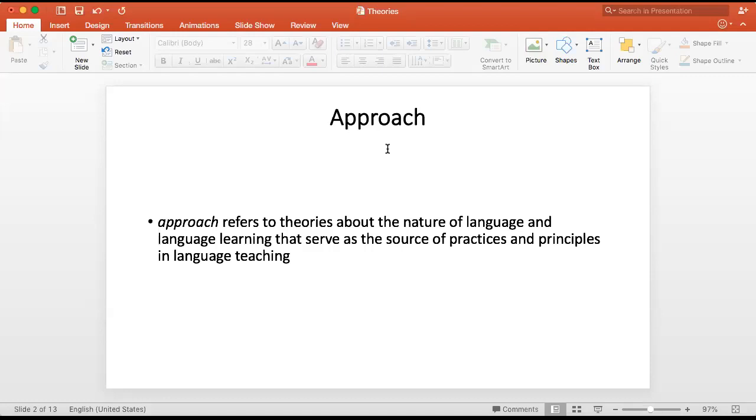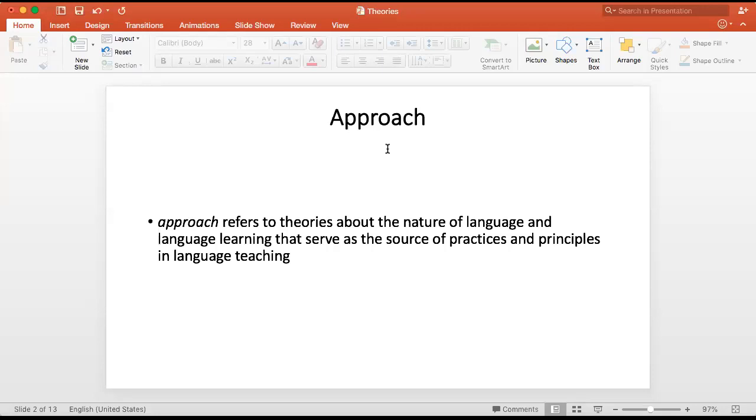When we are teaching in our classrooms, especially, of course, in this particular case, we are teaching second language or English as a second language. So there are certain theories which are basically the approaches that we take. And through those theories, we come up with certain methods. There has to be compatibility between the method and the theory. And this is how we look at approach in language teaching, right?